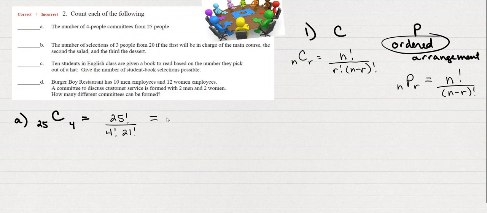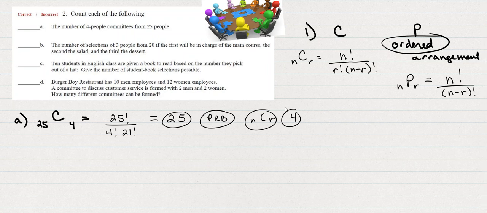I'm going to type in 25, and then I'm going to type in PRB, and arrow over to select nCr, and then type in 4, and then choose enter, and I get the result of 12,650 different committees.